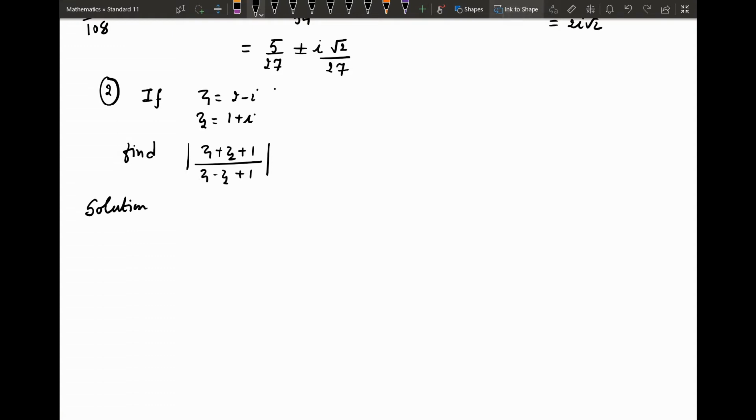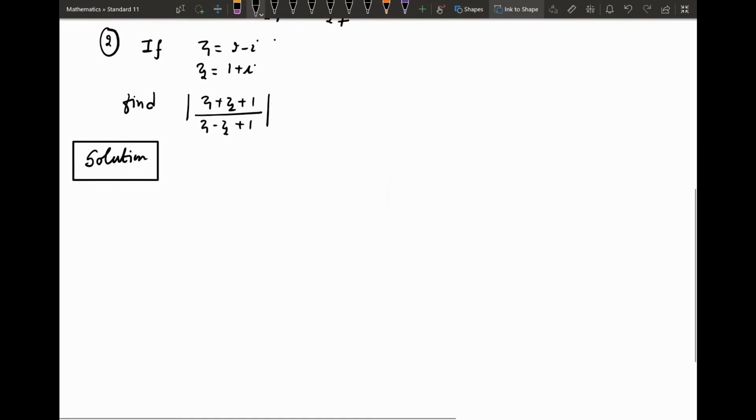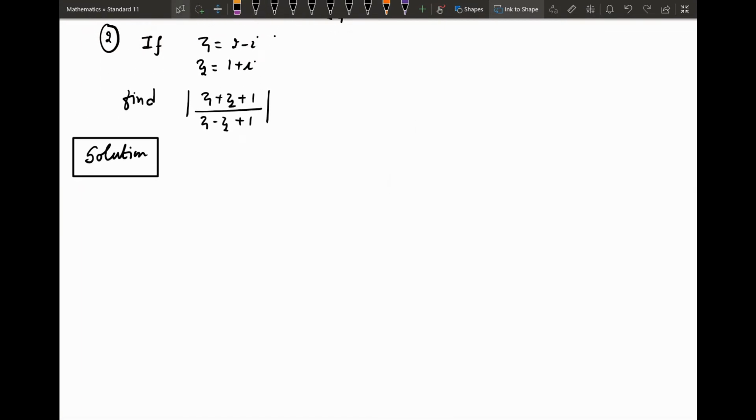Solution. z1 equal to 2 minus i and z2 equal to 1 plus i are given. So let us evaluate mod of (z1 plus z2 plus 1) upon (z1 minus z2 plus 1). So first we put the values for z1 and z2.